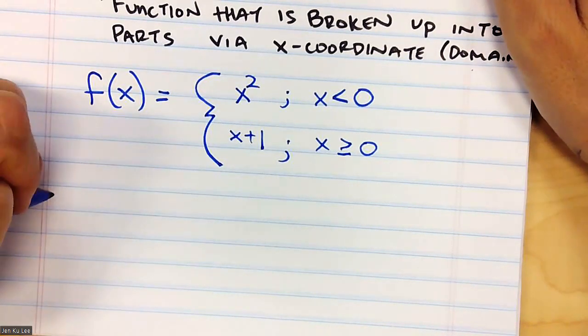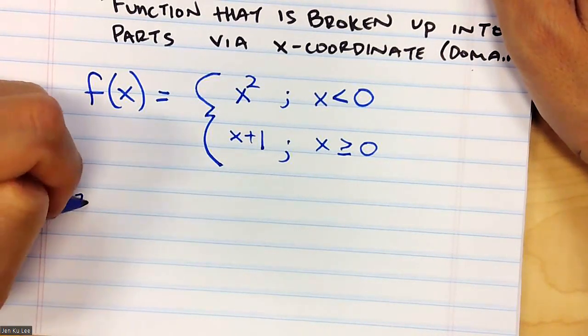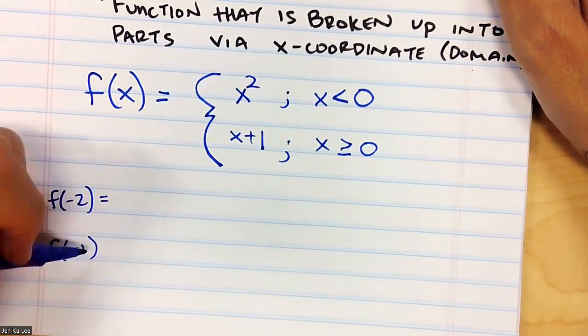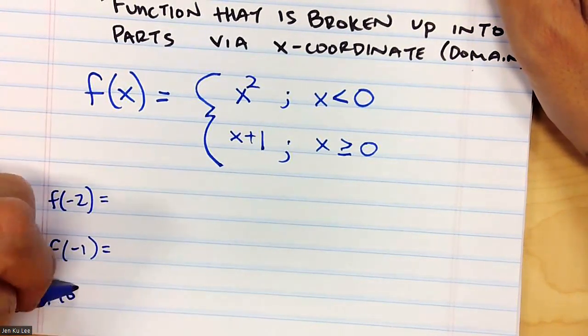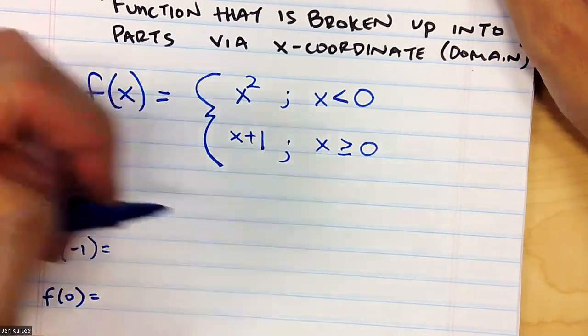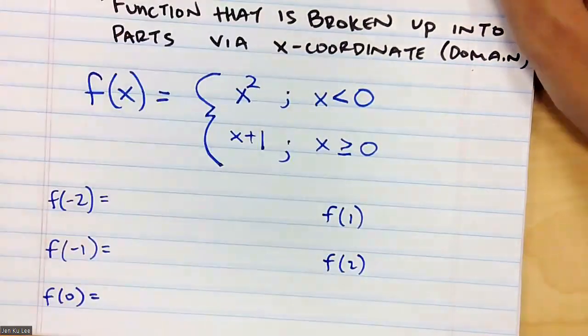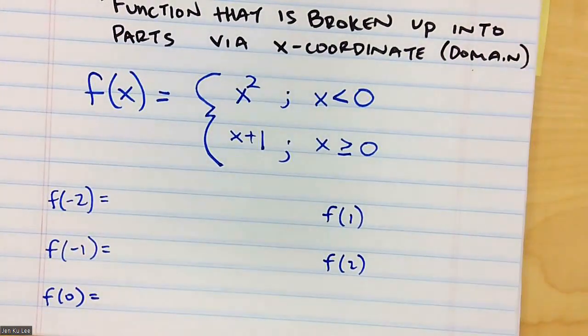Let's find all these values: f of -2, f of -1, f of 0, f of 1, and f of 2. Are we graphing in this section? No, we're not. We're just doing it algebraically.